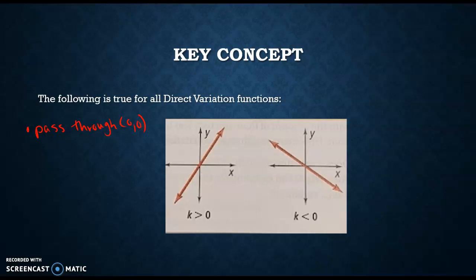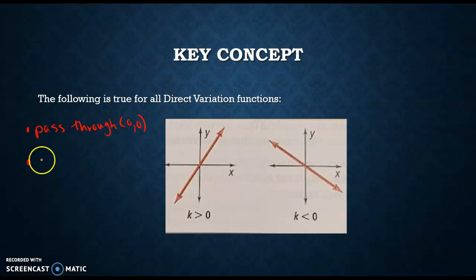Every direct variation function passes through 0, 0. Here's a positive one, here's a negative one, but they go through 0, 0. If you're looking at a table, even if it doesn't have 0, 0 on the table, if you were to work the function backwards, you would want to make sure that 0, 0 could exist on your table.